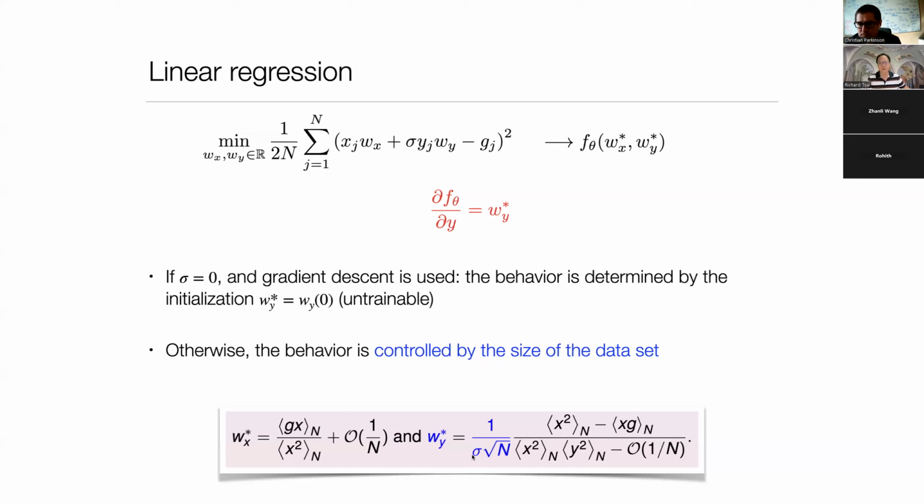Let's say that we assume that the noise sigma is a small number. If you have a fixed number of data points, then, assuming that this is order 1, this number here roughly controls the magnitude of your wy star.